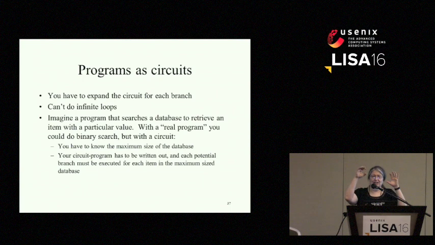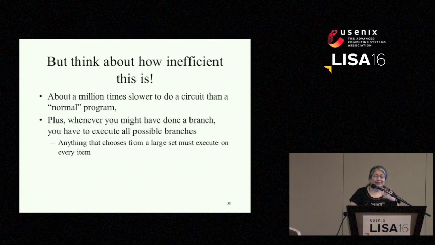So your program has to actually go through every single item. Think about how inefficient this is. It's about 1 million times slower to do a circuit than a normal program, not even talking about expanding all the loops. Plus, whenever you might have done a branch, you have to execute all possible branches.